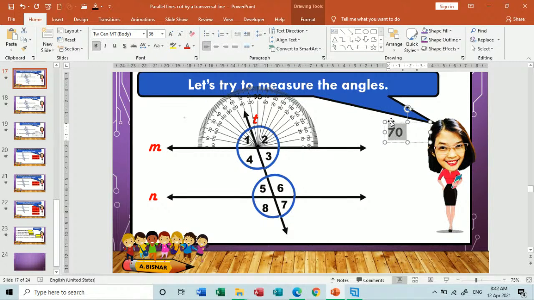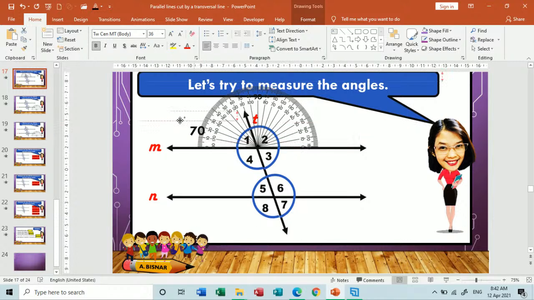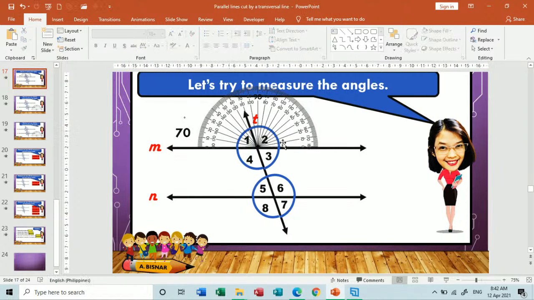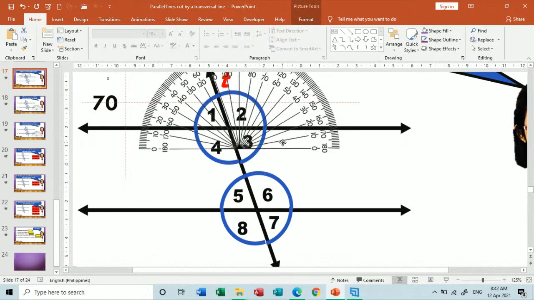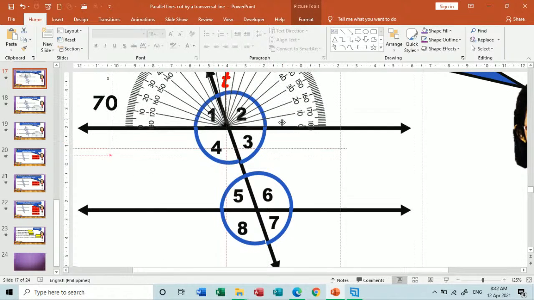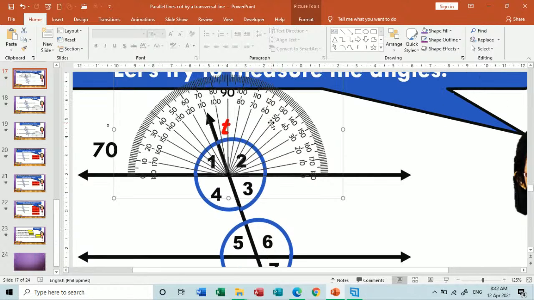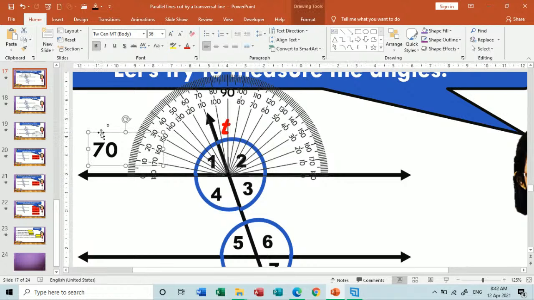Okay, angle 1 measures 70 degrees. How about the measure of angle 2? Ayan. So, angle 2 is an obtuse angle. Therefore, the measure of it is greater than 90.